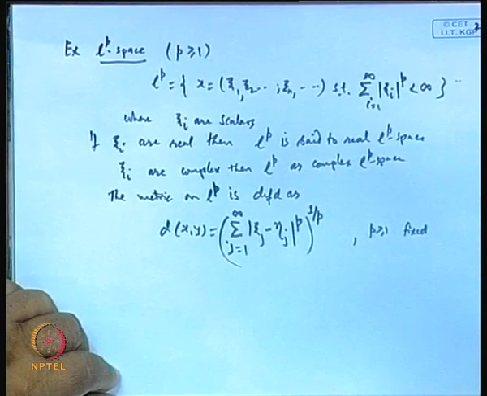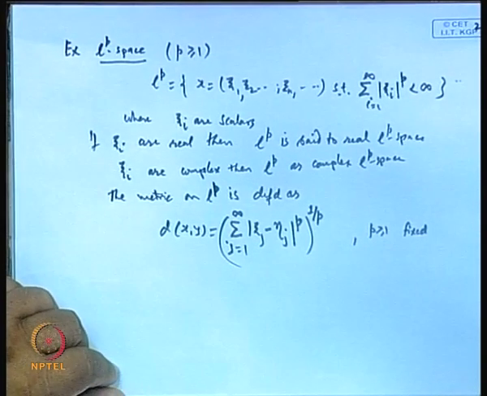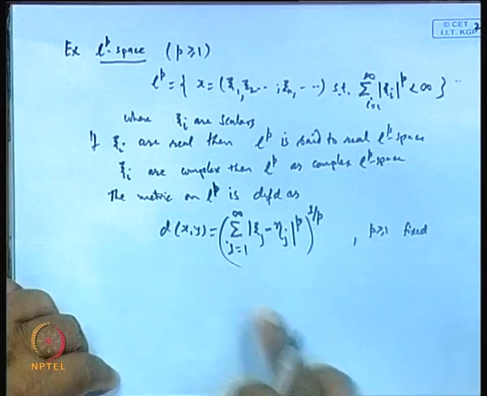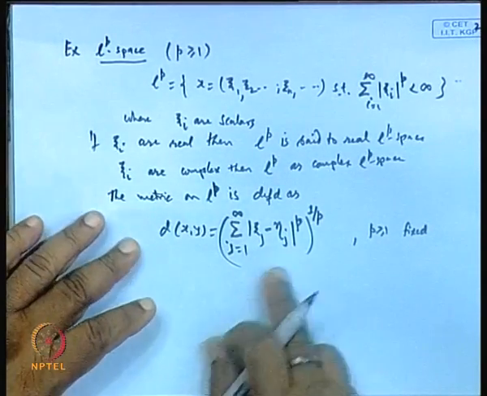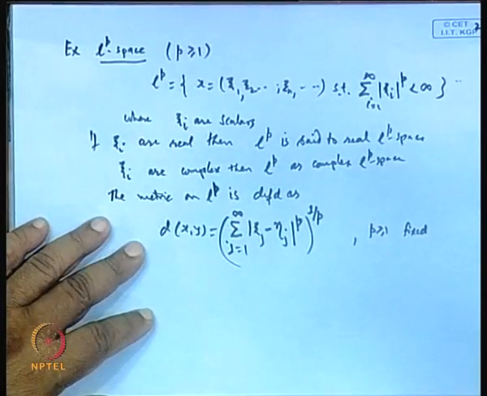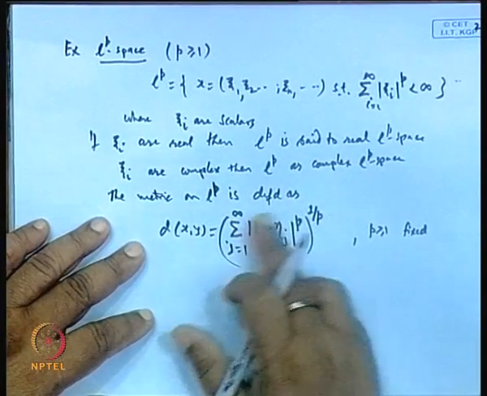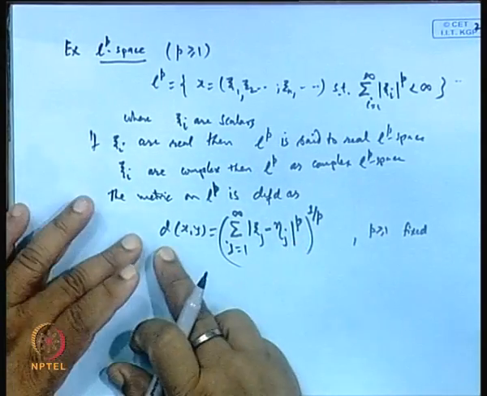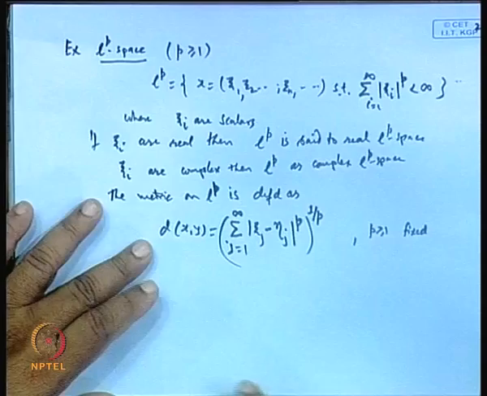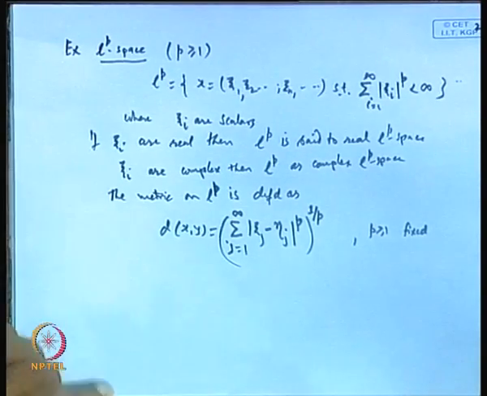Now, the question is whether this definition of the metric is well defined on LP or not, whether this series converges or not. Second one is, if it is well defined, whether this satisfies all the conditions of the metric axioms or not.